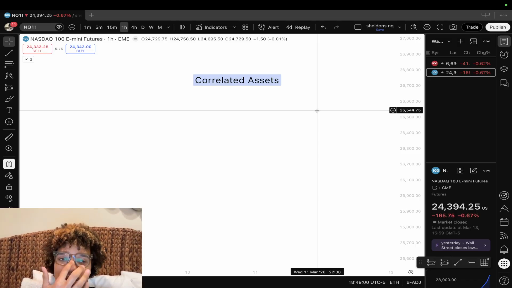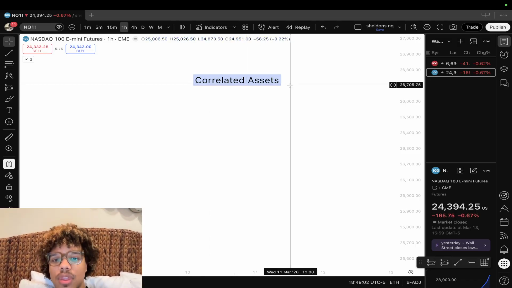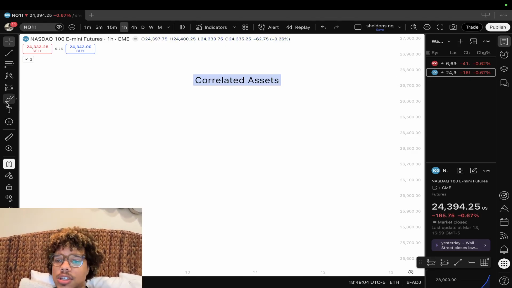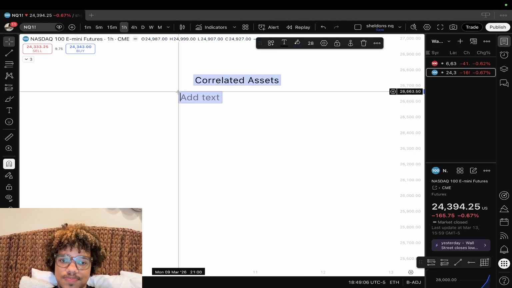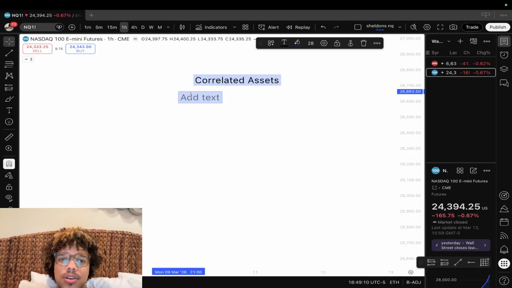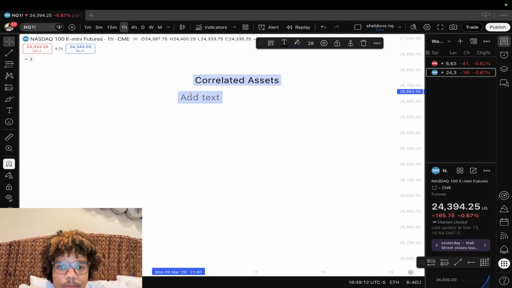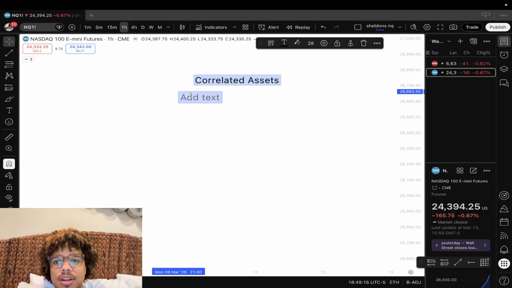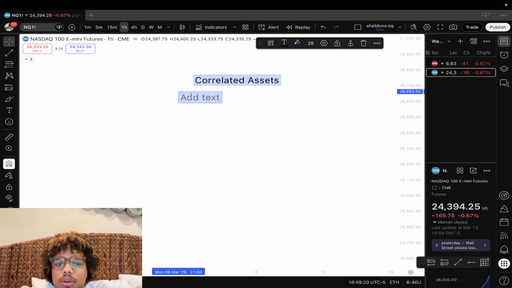I say this all the time. We're going to talk about how we're going to use them, what to avoid, and how to use them to our advantage, because surprisingly, a lot of people in the Discord don't seem to use it while they're trading, which is very sad and silly. But we are going to teach you how to use it.